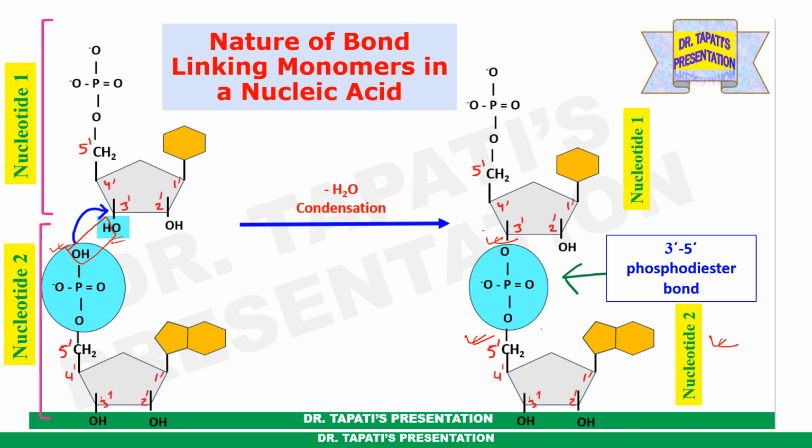So the first bond is here at the 3' position of nucleotide 1, and the second ester bond is formed at the 5' position of nucleotide 2. So that phosphodiester bond is known as 3' 5' phosphodiester bond.